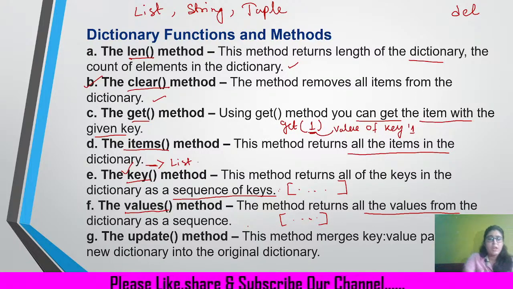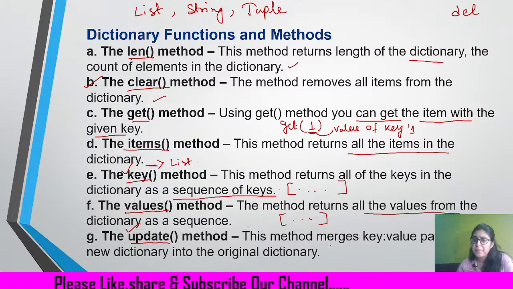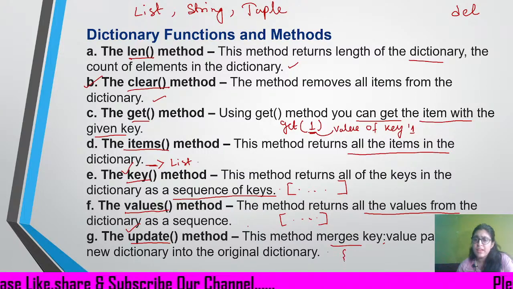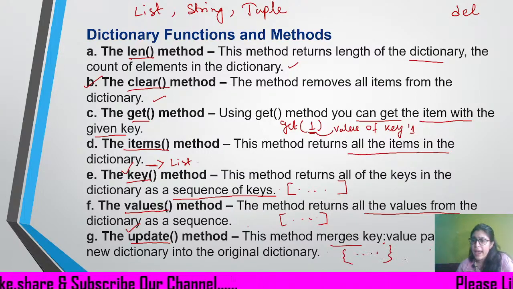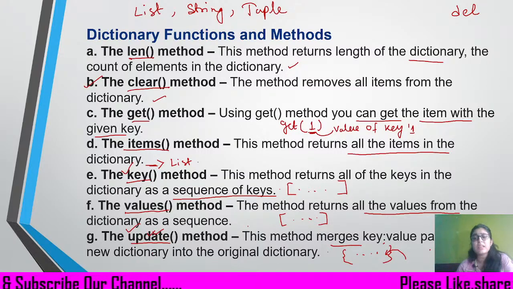Next is update. The update method merges key value pairs from a new dictionary into the original dictionary. Suppose I have an old dictionary here and I want to add a new key value pair into it. We can use the update method to update the key value pair in a dictionary.